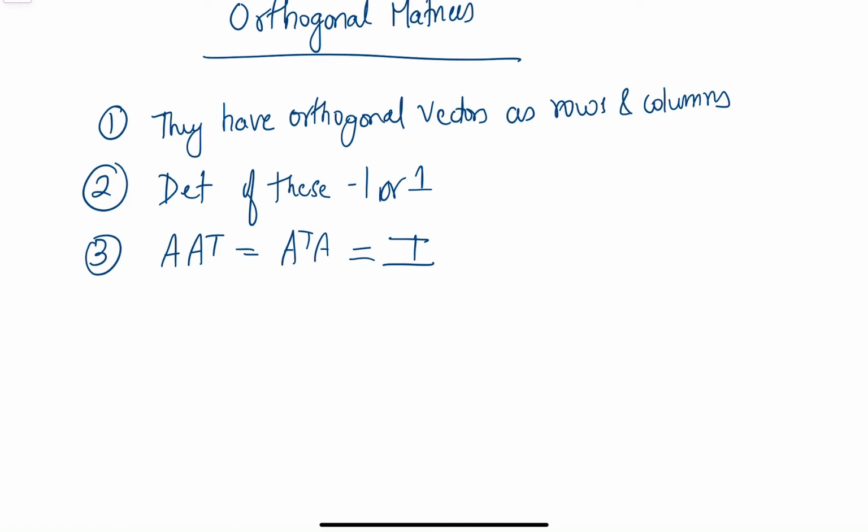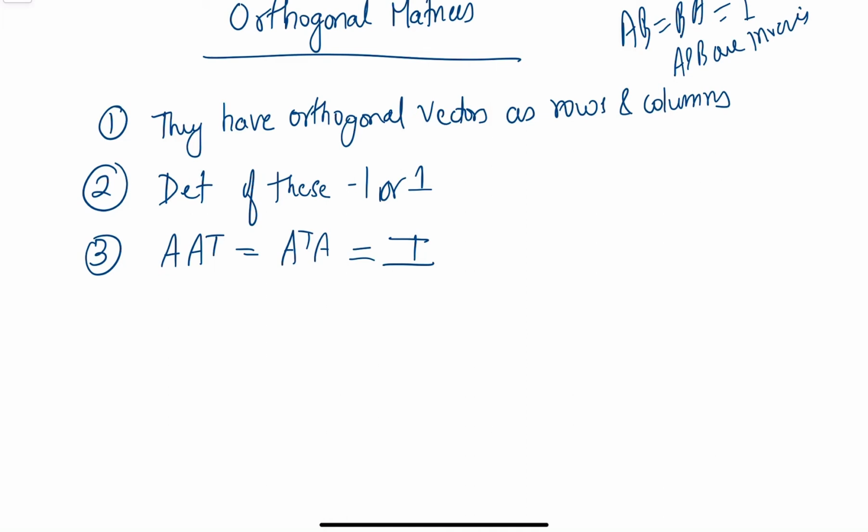This might have sounded familiar. When you talk about the inverse of matrices, you know that if A and B are inverses of each other, then AB equals BA equals I. Equating this to the property, if A times A transpose equals A transpose times A equals I, what does this mean?